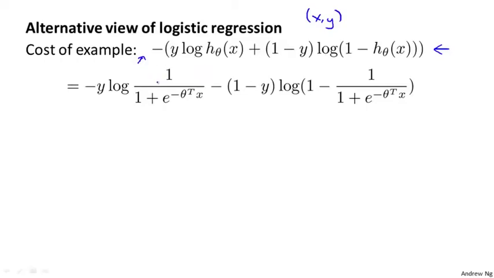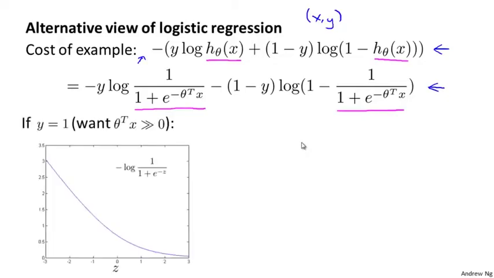But this expression here is the term that a single training example contributes to the overall objective function for logistic regression. Now, if I take the definition for the form of my hypothesis and plug it in over here, then each training example contributes this term, ignoring the 1 over m, to my overall cost function for logistic regression.